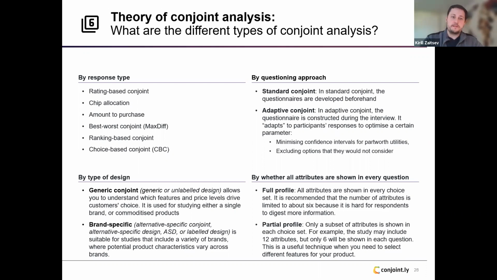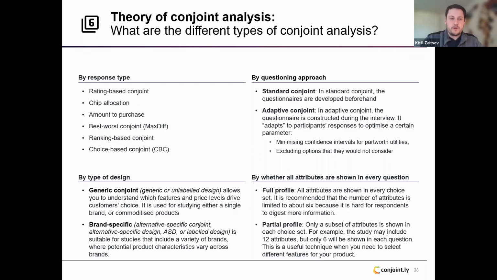Additionally, we separate these conjoints by the type of the design. So here we put them into generic, which is an unrestricted design, if you will, where we don't have very many restrictions on what levels can show up with what. We can have prohibitions, but those are generally limited. And brand-specific, also known as alternative-specific conjoint, is a version of conjoint where we have a bit more control over what levels appear with which.